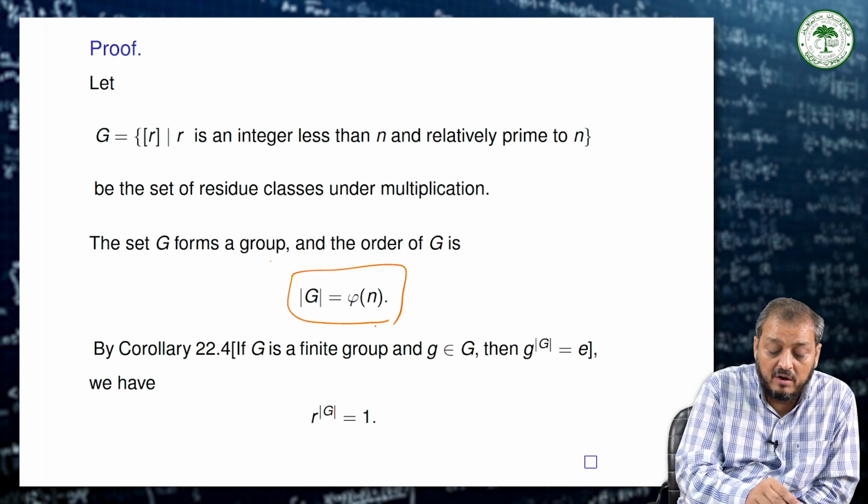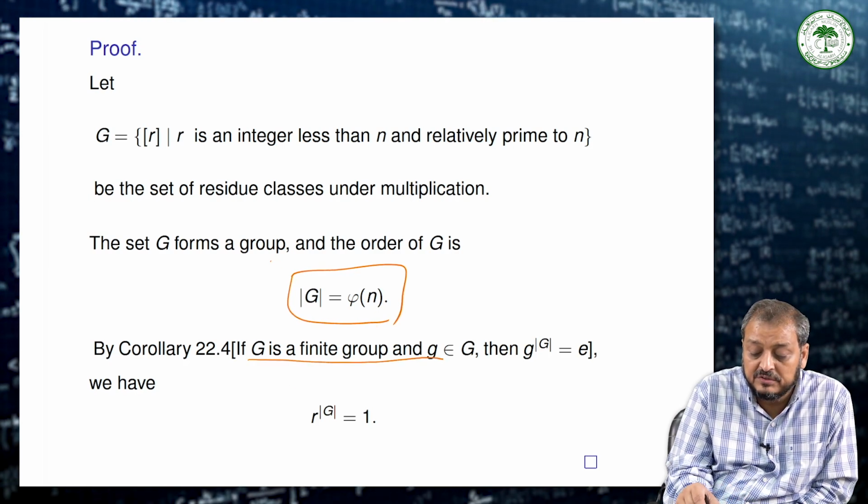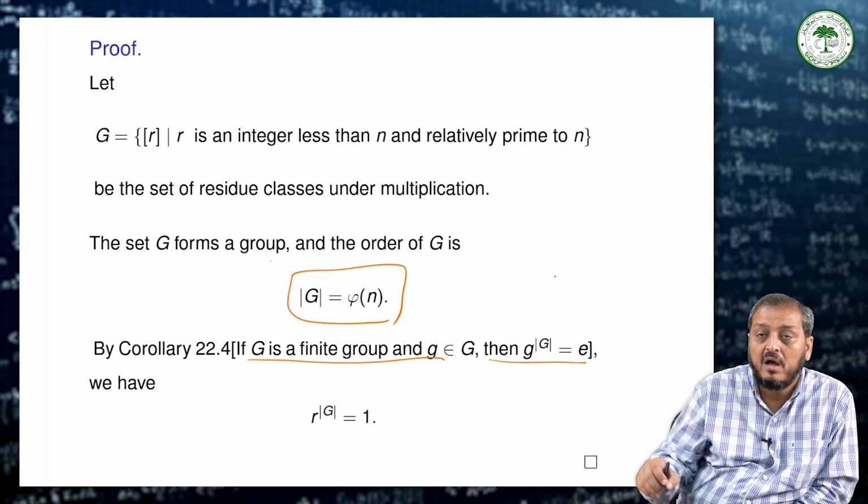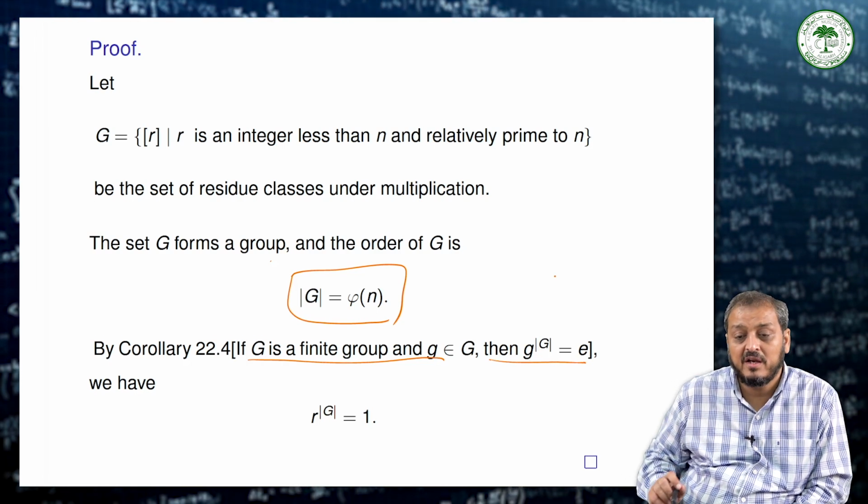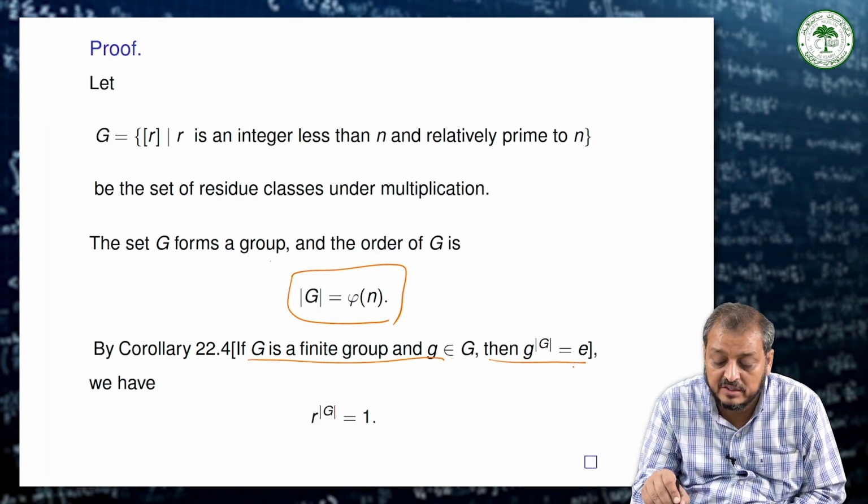So by the corollary, if G is a finite group, then g to the power order of G is equal to the identity, one of the applications of Lagrange's theorem.